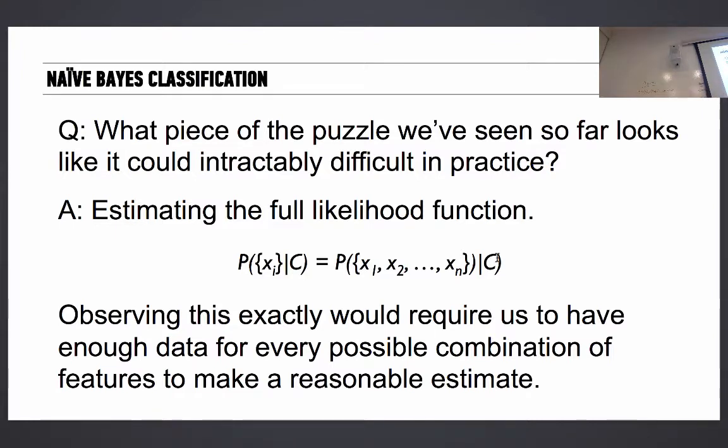If we assume, naively, that every single data observation is different or independent from every other data observation, then the probability of x1, x2, x3, through xn occurring becomes the following: the probability of x1 times the probability of x2, times the probability of xn.